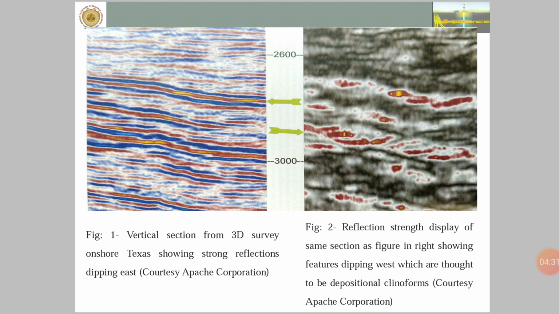So we were able to map the depositional clinoform and also find out the base of the depositional clinoform. The depositional clinoforms between the green arrows actually are stacked to each other. However, at places they are elongated and separated from each other. So as we know from sequence stratigraphy, these are probably from the lowstand systems tract.